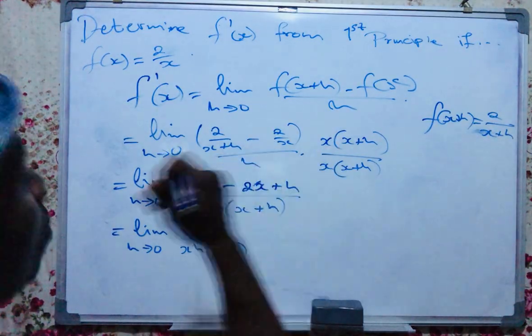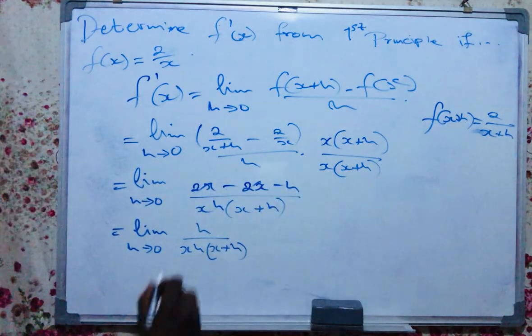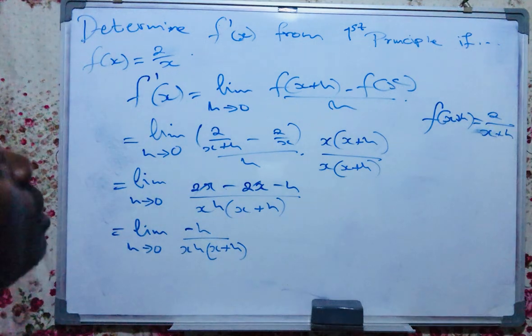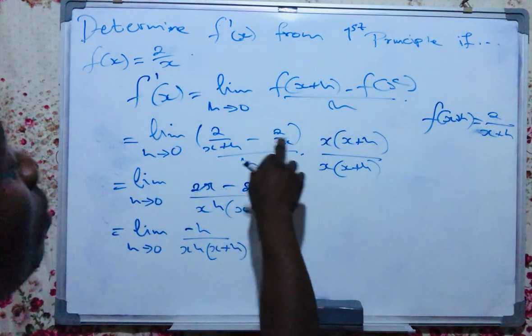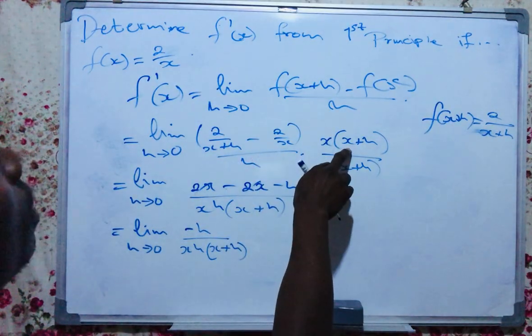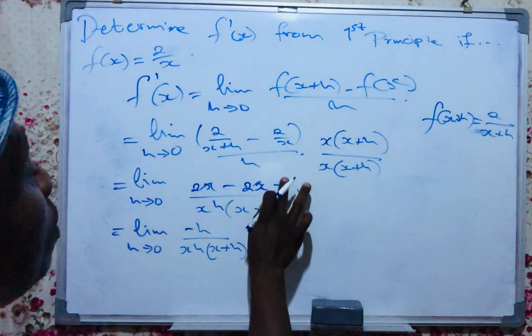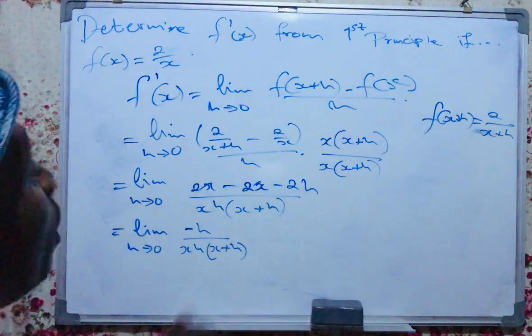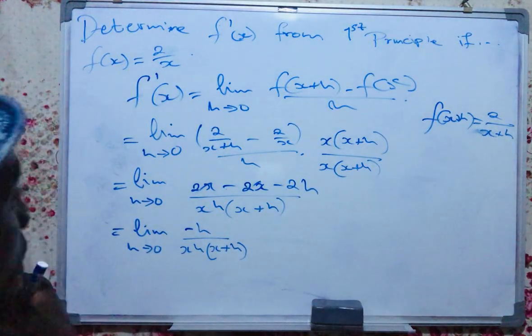Now what we have again here is minus 2, minus h should be minus h. Minus 2x minus 2h. I just rectified some of the mistakes I noticed.